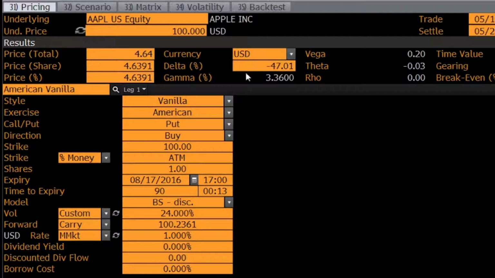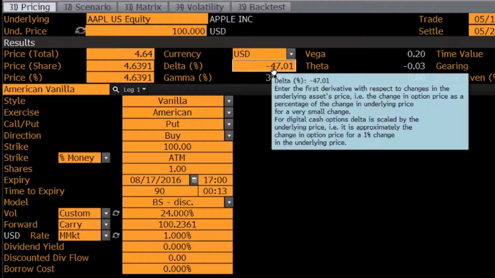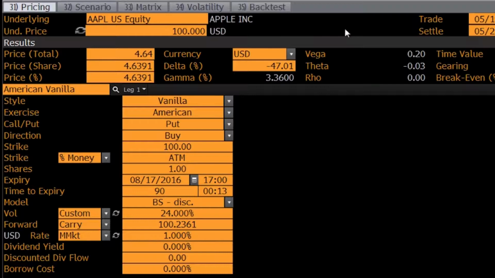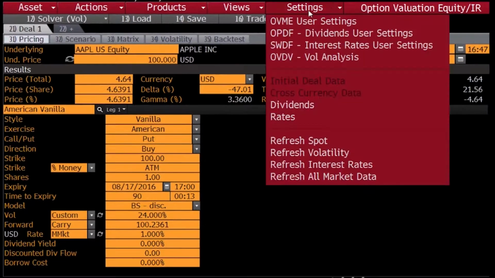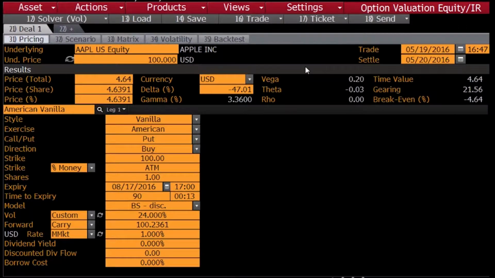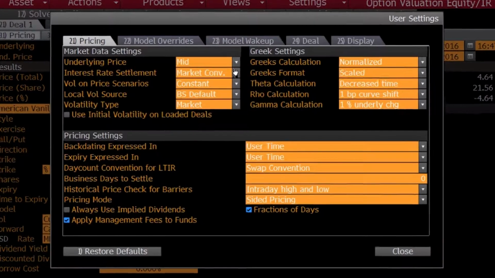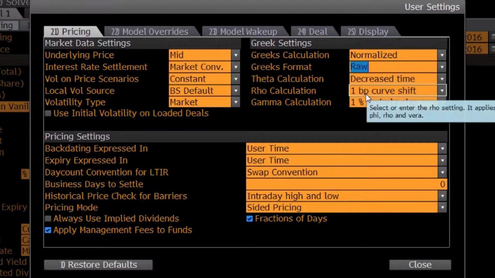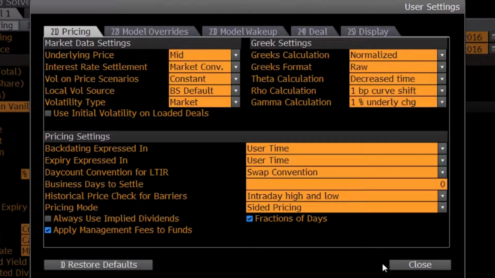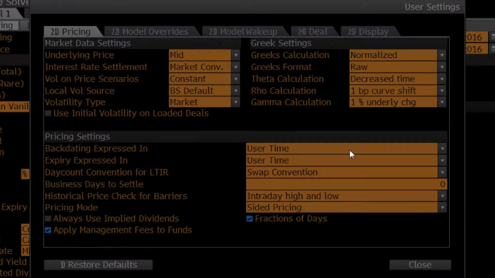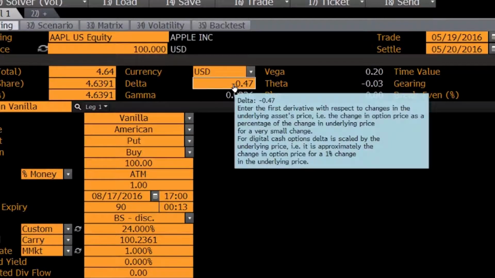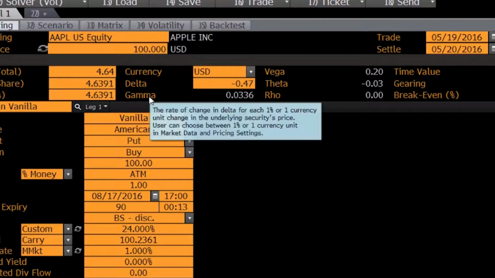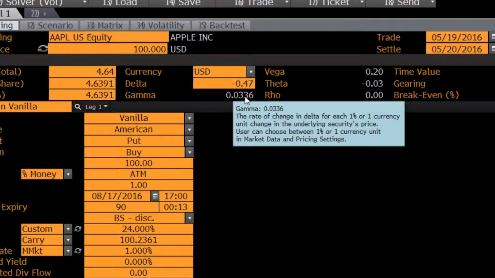Now, you can see that the delta is minus, very important, that minus sign, minus 47%. Those of you who are familiar with deltas in decimals could come to the OVME user settings and change them, on the pricing tab, from scaled to raw. If you were to do that, press enter on the keyboard and then close the dialog box, you'll see it becomes minus 0.47, and the gamma indeed is 0.0336.